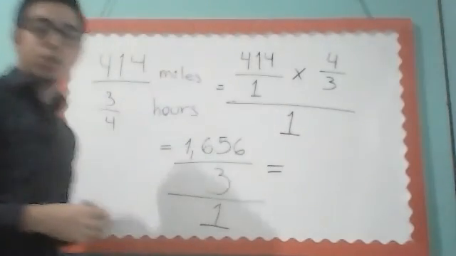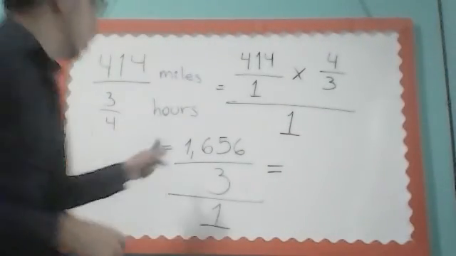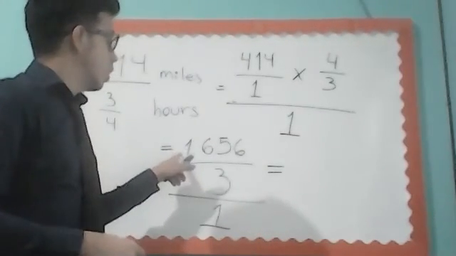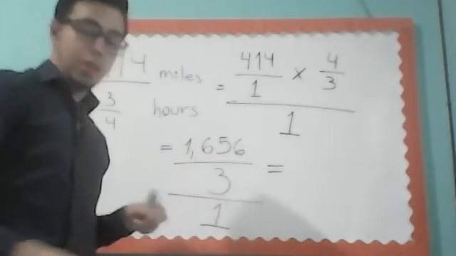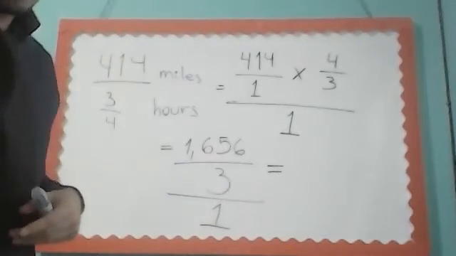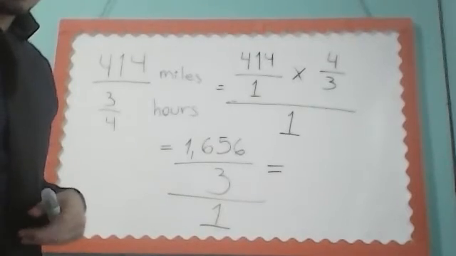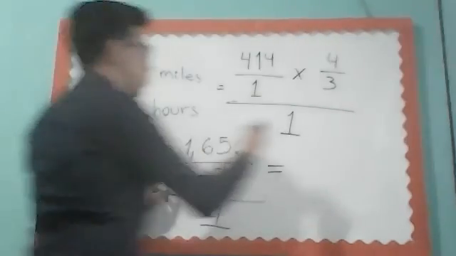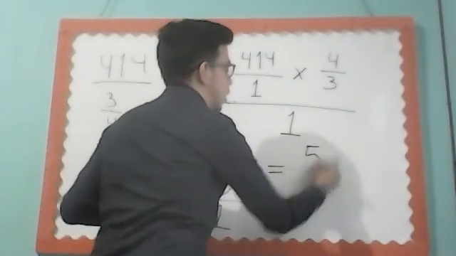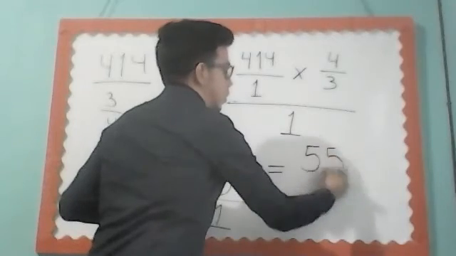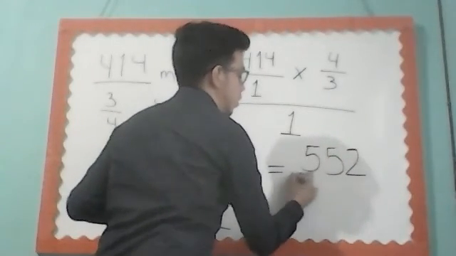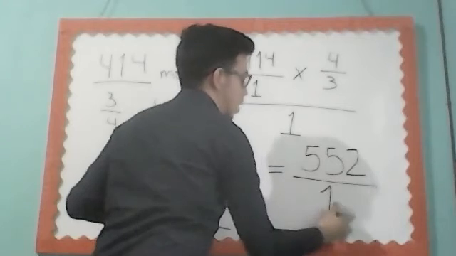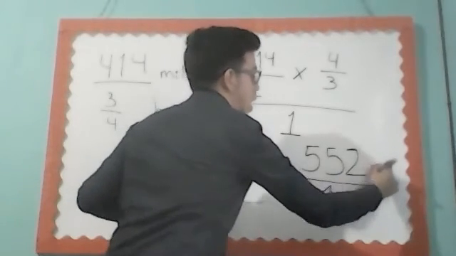We are going to divide 1,656 by 3. It's 552 miles over 1 hour.